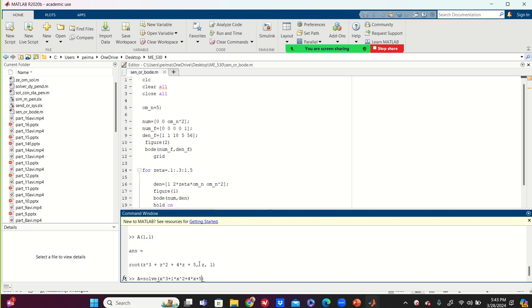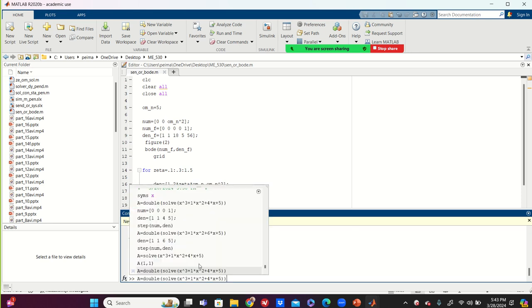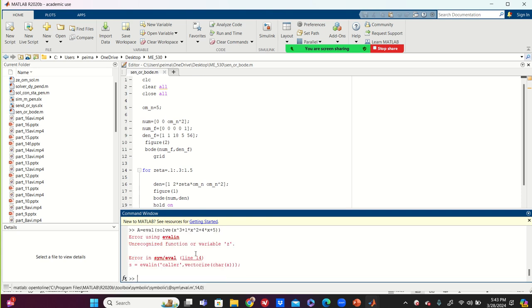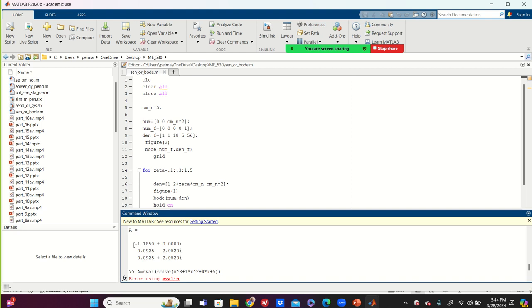But by putting double, or even eval, which means evaluations, it does the same. Oh, this is 3. I'm sorry, this is 3 solutions. Double makes them numeric numbers. Okay, here we go.